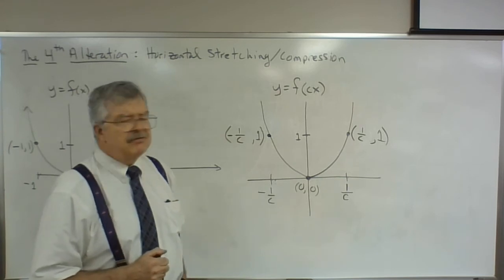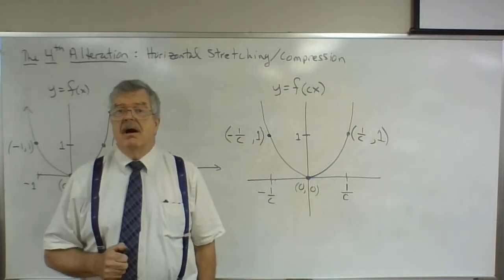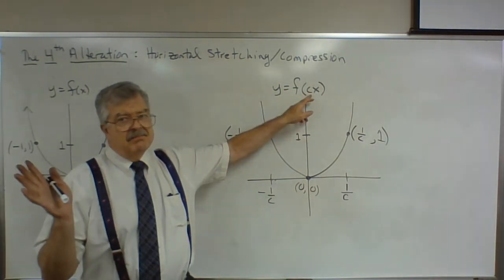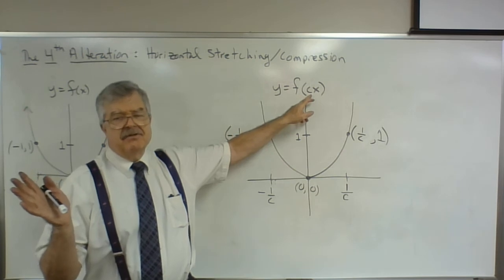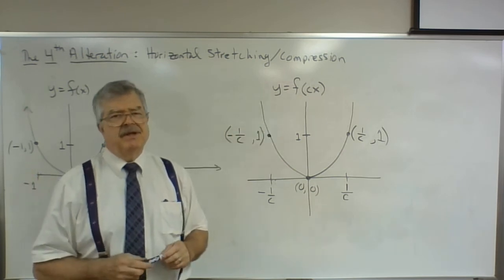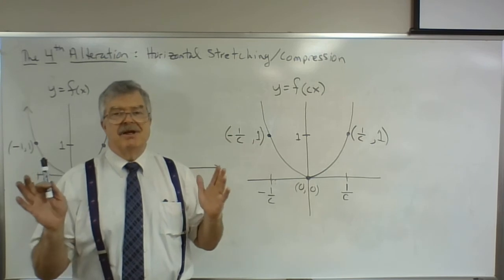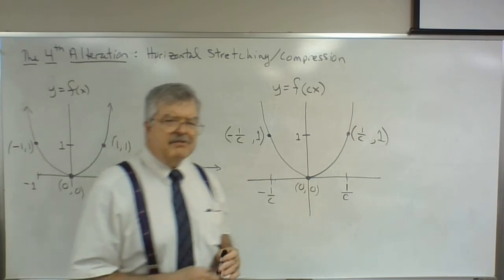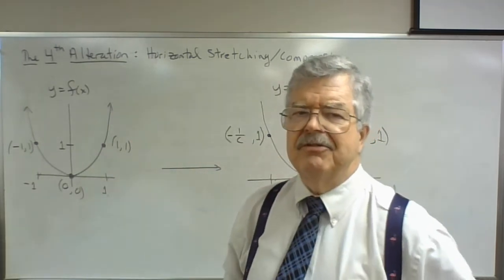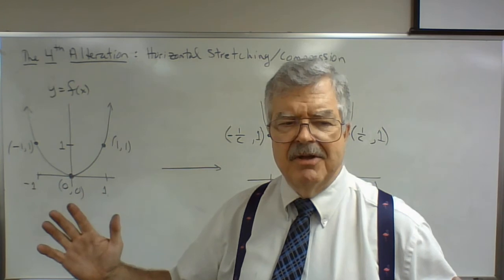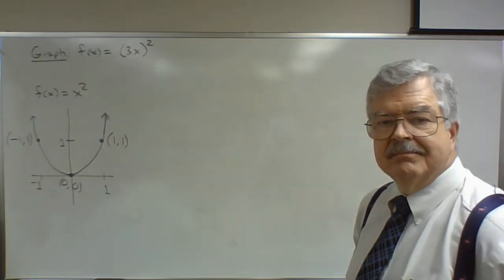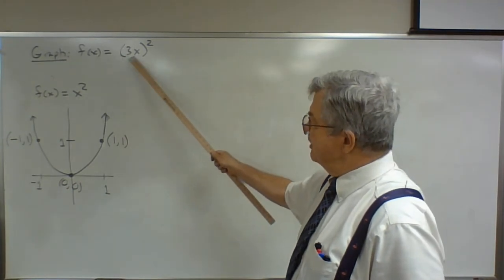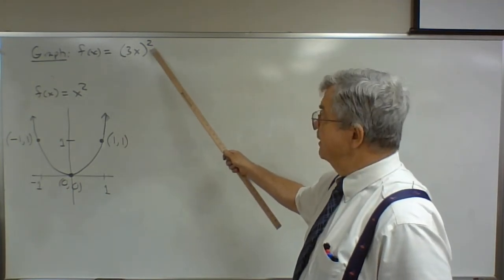Let's look at some examples where we're not using arbitrary constants like c, but we're using real flesh and blood constants like 3, 5, -2. Let's look at some examples and see how this affects the graphs horizontally. Graph the function f of x equals 3x quantity squared.